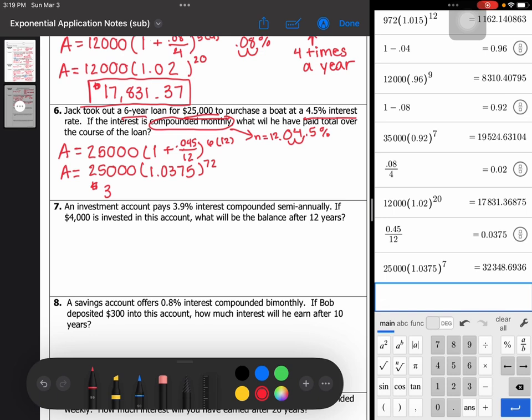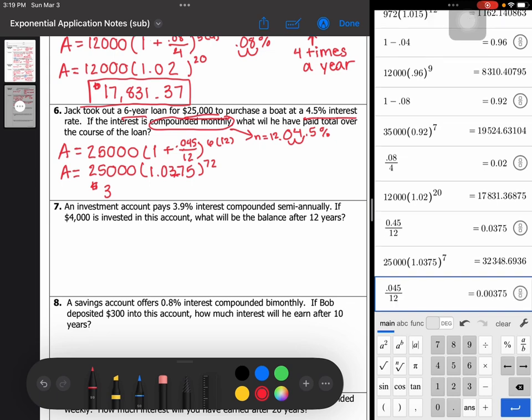So let's go back here. This, we do 0.045 divided by 12 like we were supposed to. And here we should have an extra 0. So 0.00375. That number was way too big for a $25,000 loan.